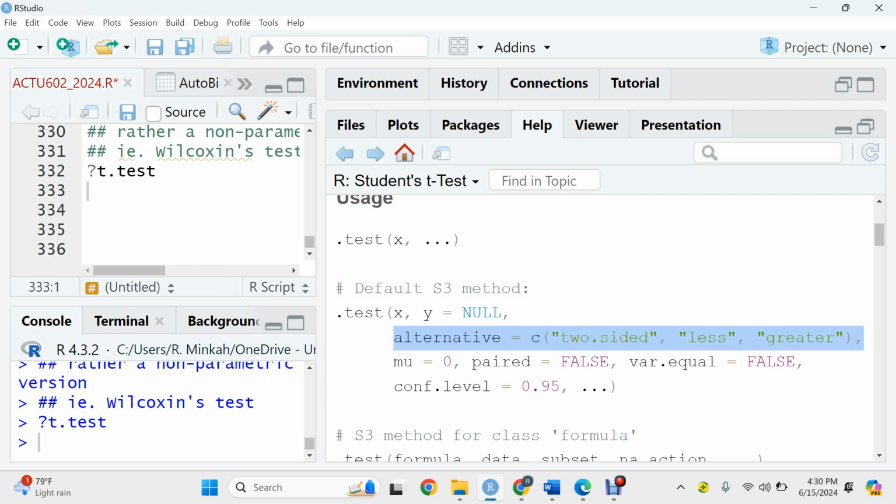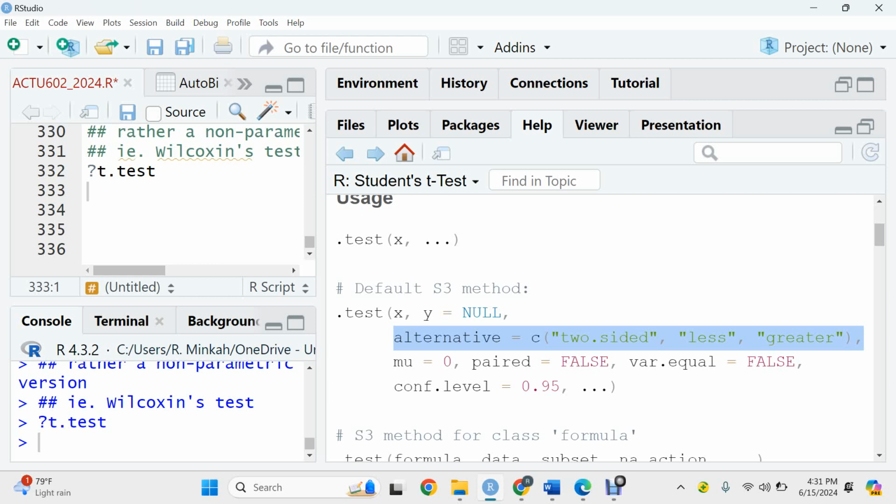So these are the three possible hypotheses you can test. The two-sided is this one. Then you have less. Less will be that one. And then greater will be that one. So depending on what you want to test, you will go with one of them.